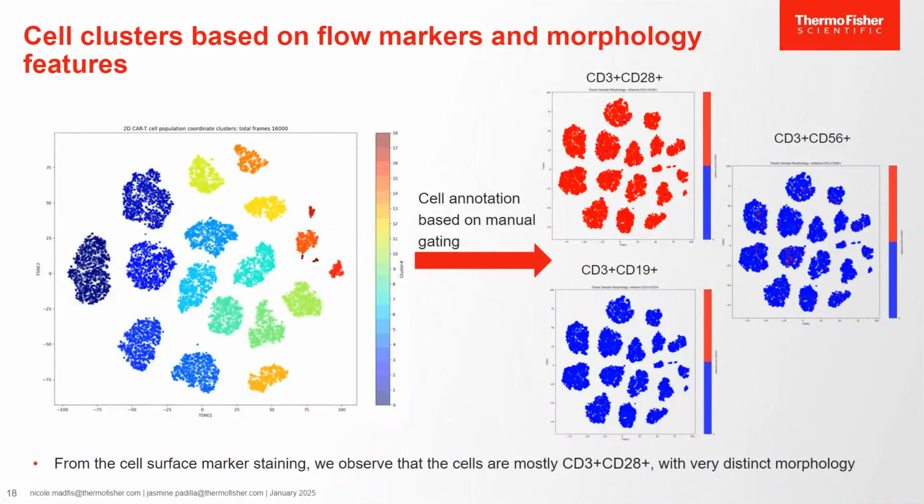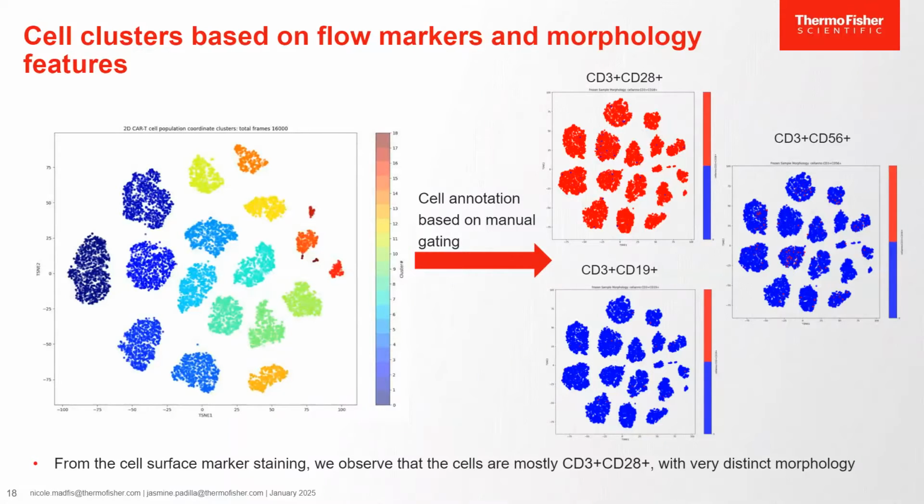From the 19 communities identified, we overlaid the cell annotations based on what we stained the cells with and what they express to show us the identity of the cells, CD19, 56, 3, or 14, in each of these clusters. We see that a majority of the cells are CD3 positive, CD28 positive cells, which makes sense as the sample was collected post-isolation.